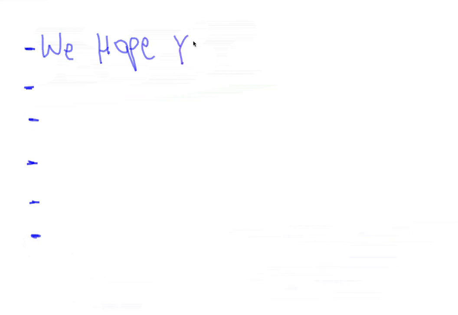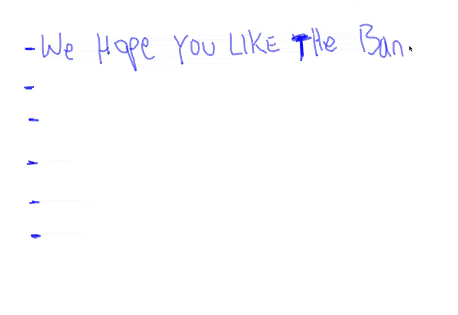We hope you like the... Oh, and if a letter doesn't look like what it really is, you have to fix it. There we... Oh. There's the phone again. Oh, like the Banquet.